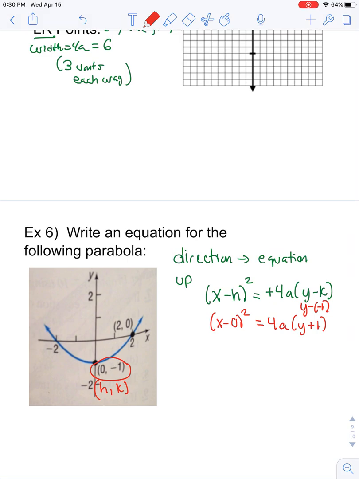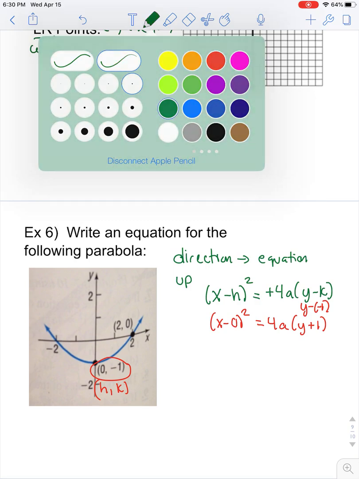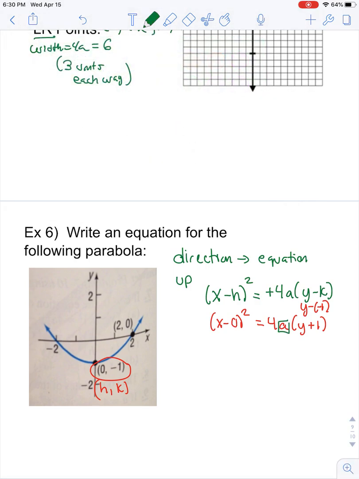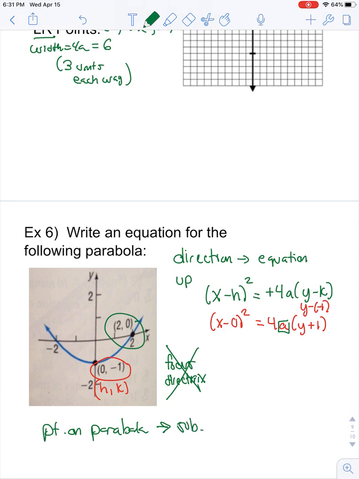The next problem is I don't know the a value. We saw this in the last example. Since I do not know the focus or the directrix, then I have no way of finding out the a value by using those 2 points. But what I do know is this point on the parabola. And if you ever have a point on the parabola, remember, substitute that in for your x and your y, and use that to solve for your a value.